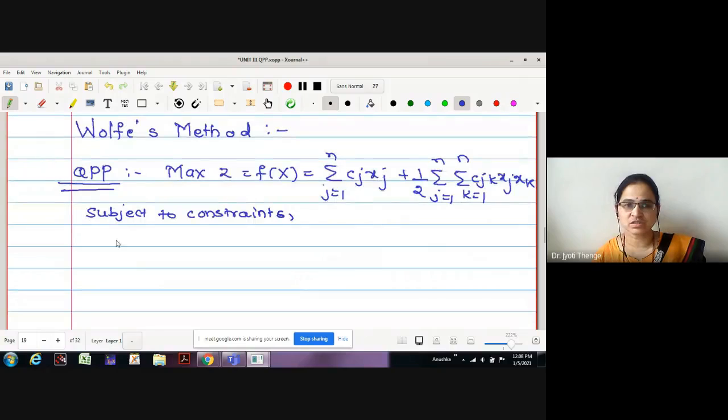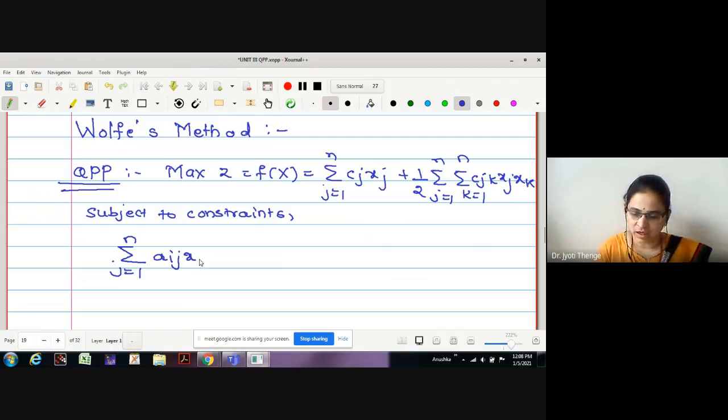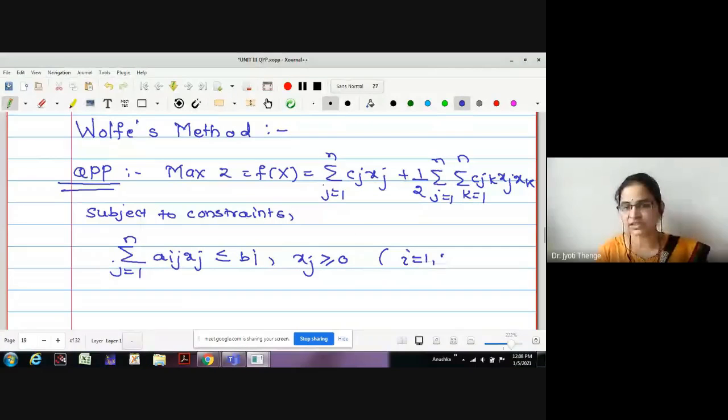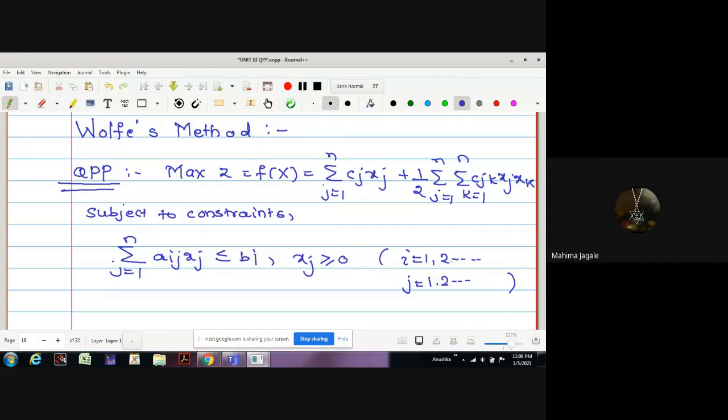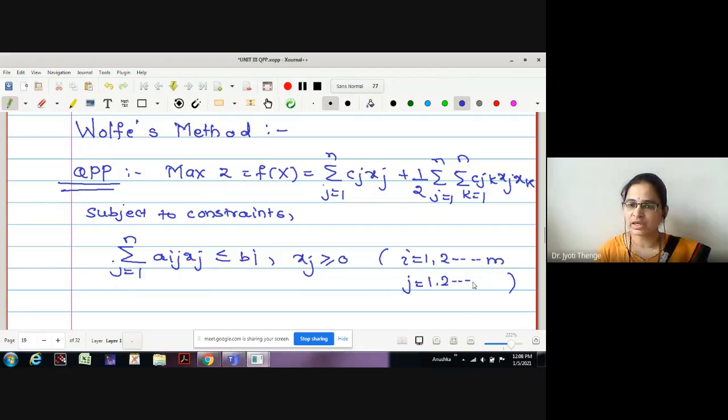What are the constraint inequalities we have? Summation j equals 1 to n of aij xj less than or equal to bi, and xj greater than or equal to 0, where i takes the values 1 to m and j takes values from 1 to n.